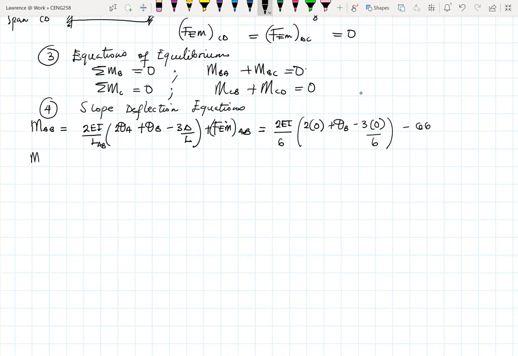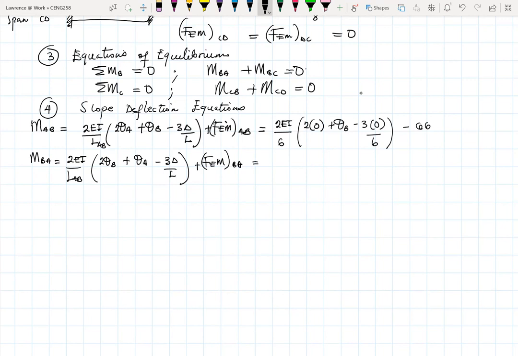Then we do MBA, following the same idea. Again, 2EI over LAB times 2 theta B, take note of the subscript, plus theta A minus 3 delta over L, then plus the fixed end moment at BA.